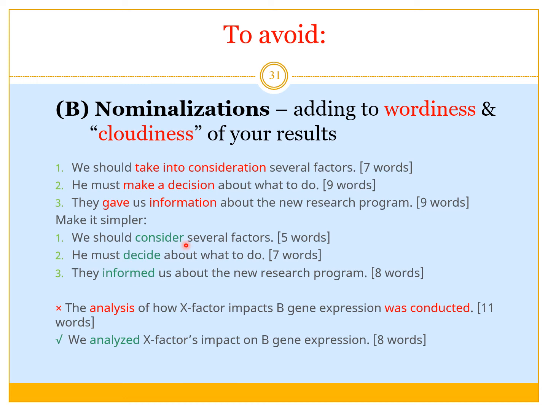Just to consider several factors is enough. No need to write take into consideration. And you can write, he must decide on what to do, or they inform us about the new research programs. So by simplifying the words, it makes the statement clearer as well.